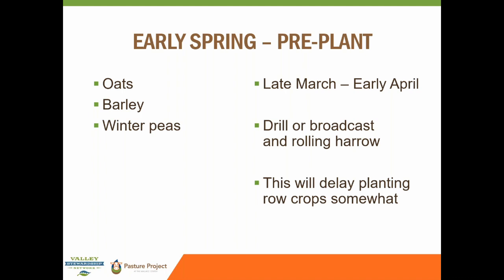And I would suggest, if it's possible to drill. If you do have to broadcast, I would run a rolling harrow or something to lightly incorporate the seed to make good soil seed contact. And again, that will delay planting the row crops a little bit, but you're also going to be picking up on the nutrients that the cover crop's going to release.